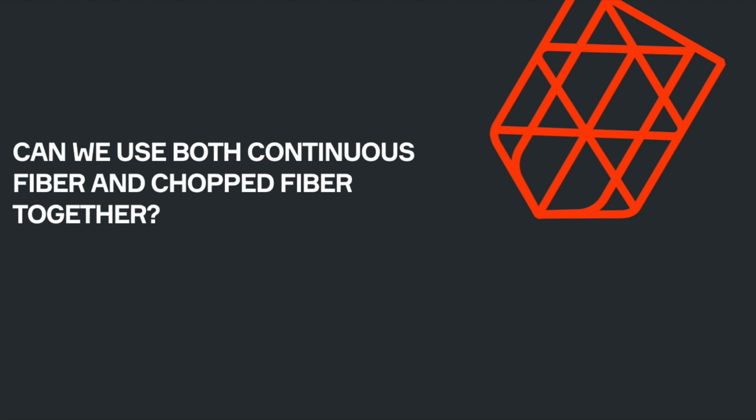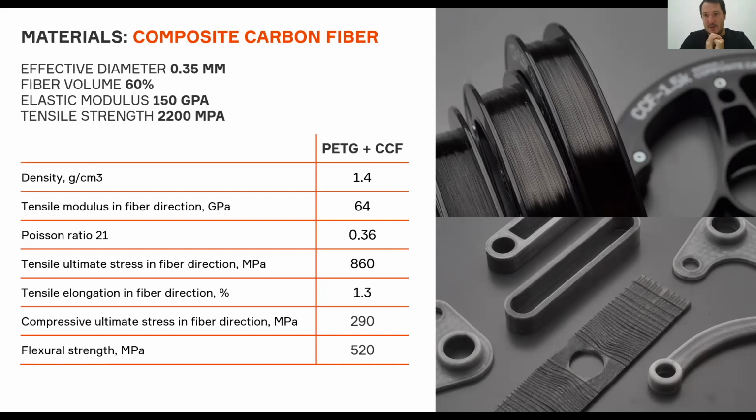Can we use both the continuous fiber and chopped fiber together? The answer is yes. You can use the chopped fiber infused material on the composite extruder together with continuous fiber. However, we do not have too much experience internally doing that.